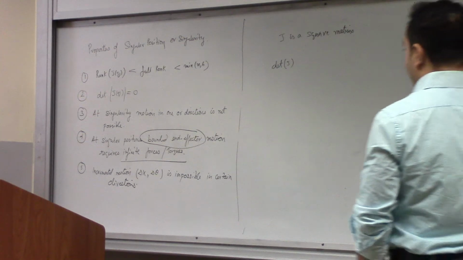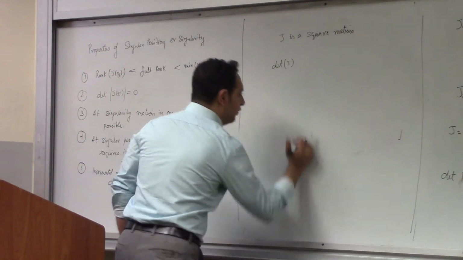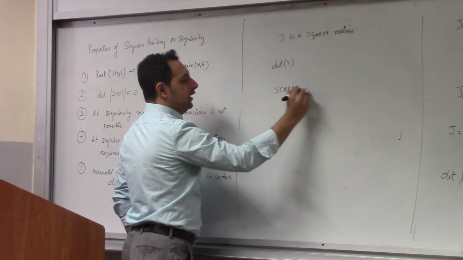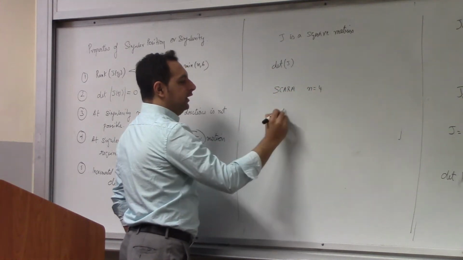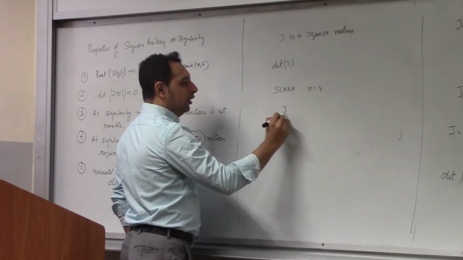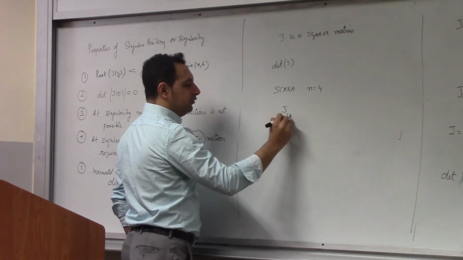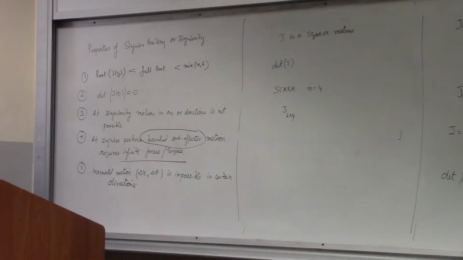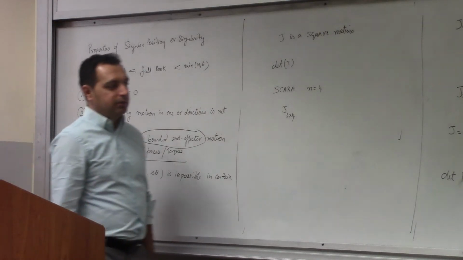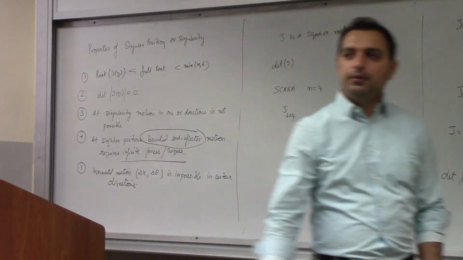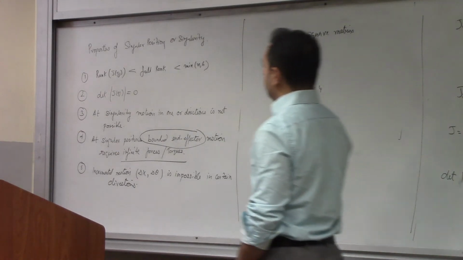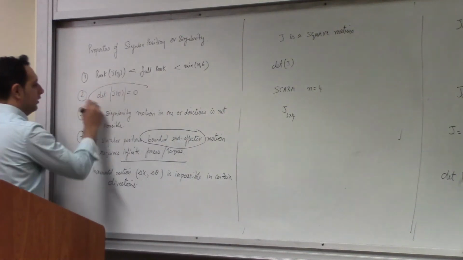The Jacobian will have 6 rows. Let's say you have a SCARA manipulator, right? N is equal to 4. The dimensions of the Jacobian will be 6 rows and 4 columns. You cannot calculate the determinant of a non-square matrix. If a matrix is non-square, you cannot compute the determinant. So what do we do?